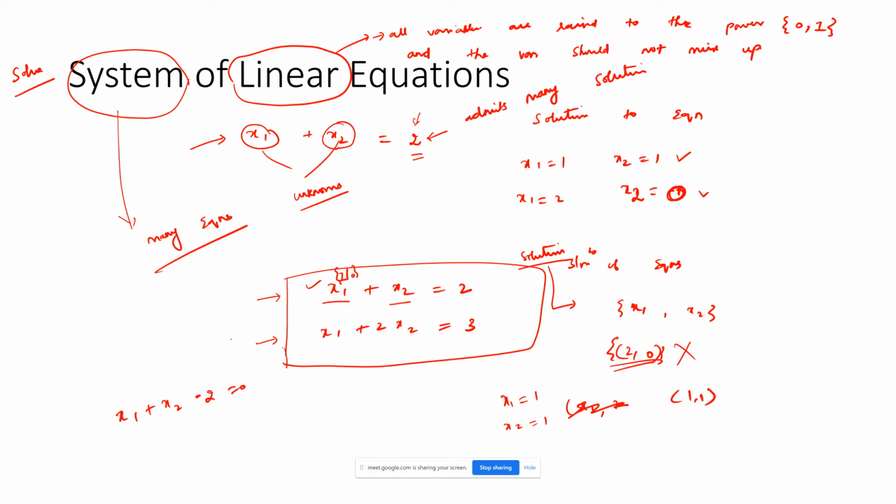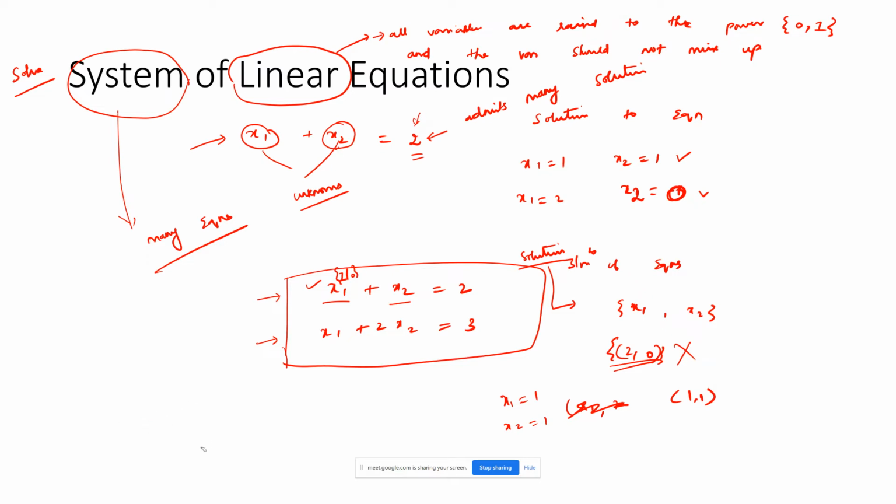Basically this equation and that equation are the same. I can write the minus 2 part as minus 2 times x1 to the power 0. So this is x1 raised to the power 1 or 0.